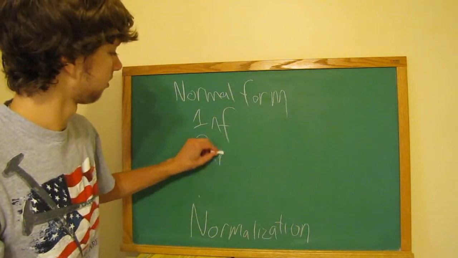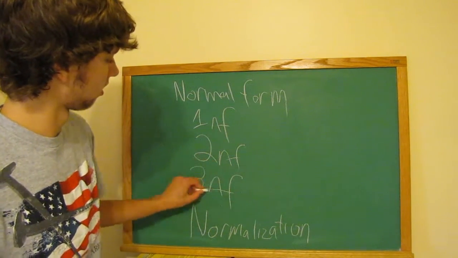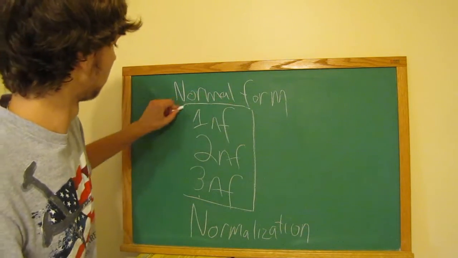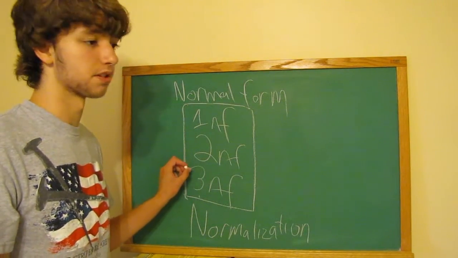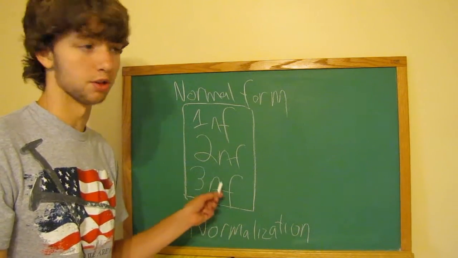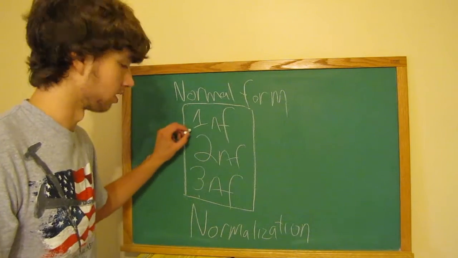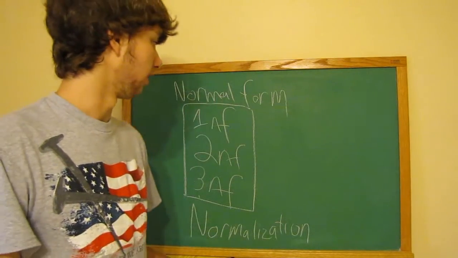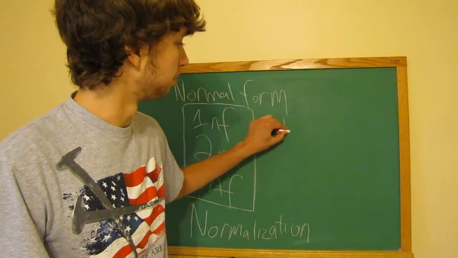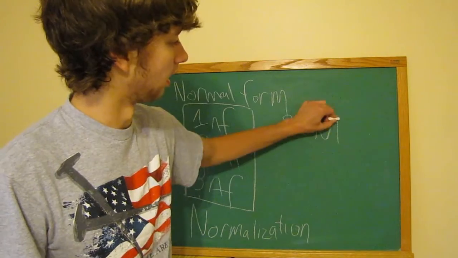There's 2NF and then 3NF. This is what 90 to 95% of people follow. There's also 3 more forms, but this is what this series will cover. 1, 2, and 3.